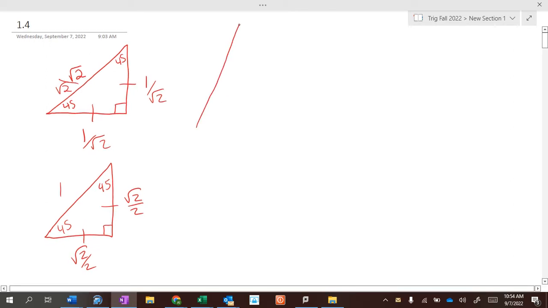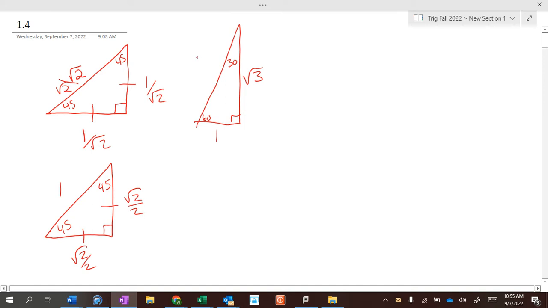So we got a 30, 60, 90 triangle. If the short leg is 1, what's the long leg in a 30, 60, 90? Square root of 3. Thank you.